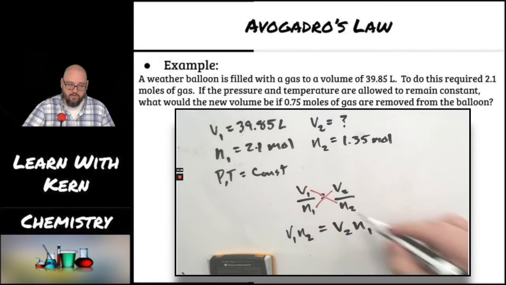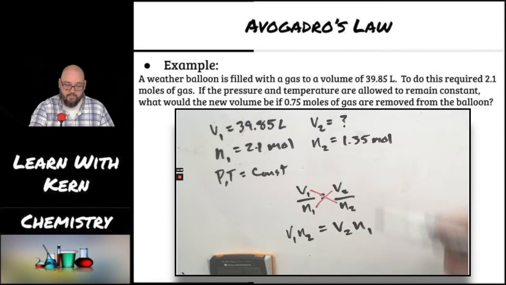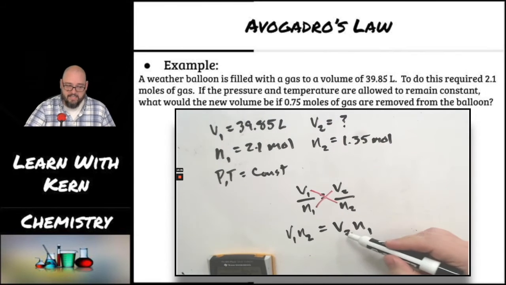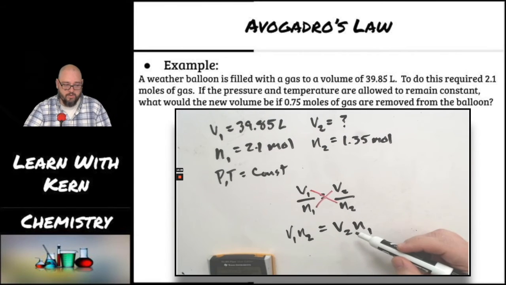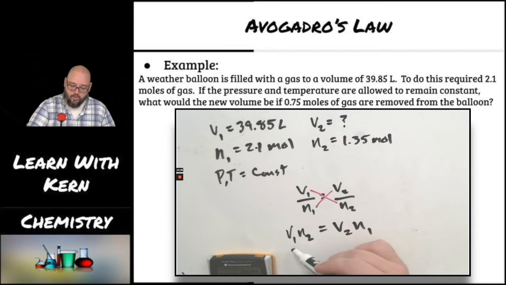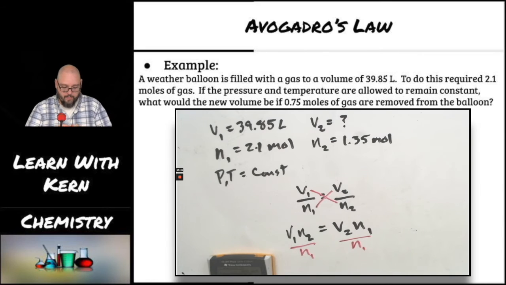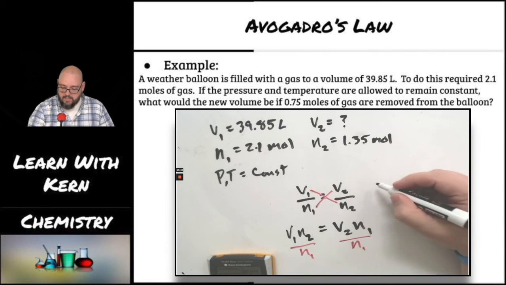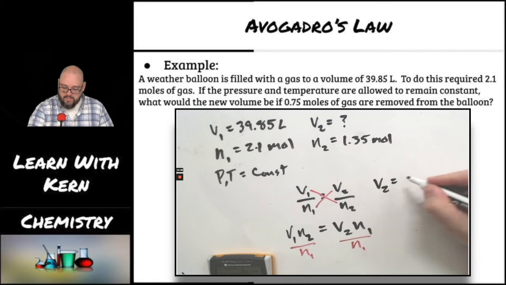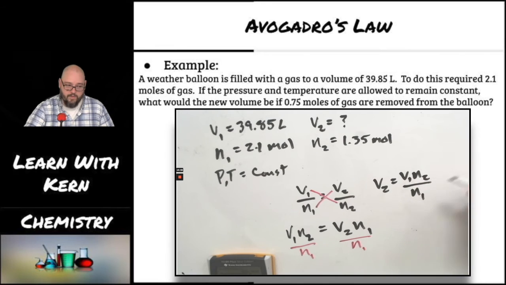Now if I'm solving for V2, I need V2 to be by itself, so I want to move my N1 over here by dividing both sides by N1. And that gives me an equation of V2 is equal to V1 times N2 divided by N1.